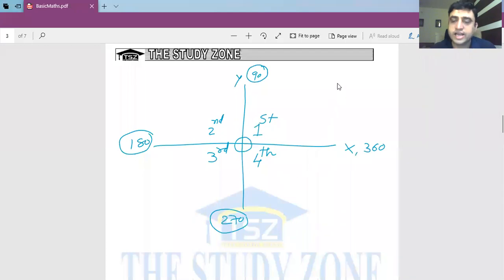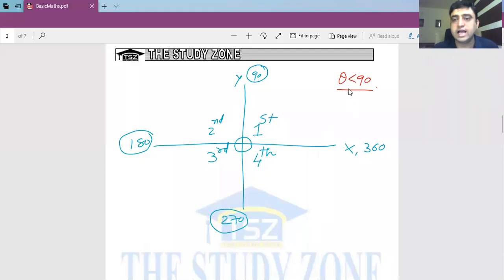Now imagine theta is any angle less than 90, let it be 30. So if I want to represent 60 degree, then it will be in the first quadrant. Any angle above 90 is in the second quadrant. Any angle above 180 will be in the third quadrant. Any angle above 270 will be in the fourth quadrant.